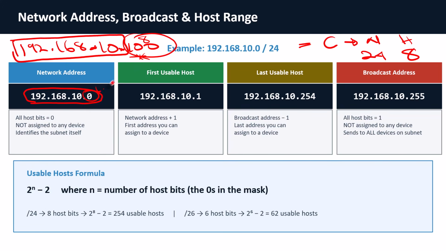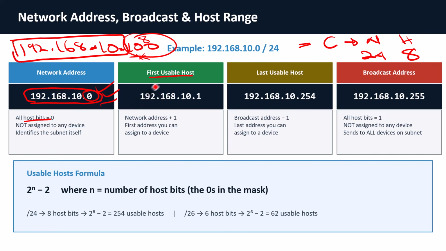That's why this is our network address. So all the host bits will automatically be 0. And remember, this is not assigned to any device on the network. Sometimes we can ask you to identify the first usable host or the first usable valid address.